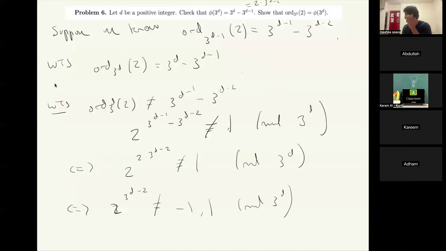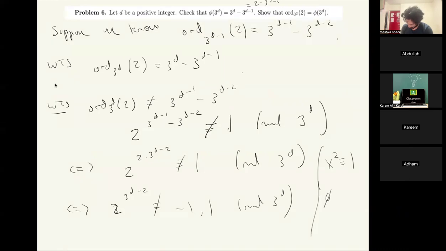So let's be a little bit careful. Again, 3 to the d is not prime, right? So again we're solving x squared is congruent to 1, right? But we know by the induction hypothesis that the order of 2 mod 3 to the d minus 1 divides the order of 2 mod 3 to the d.